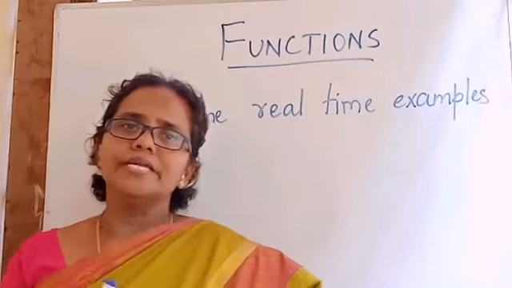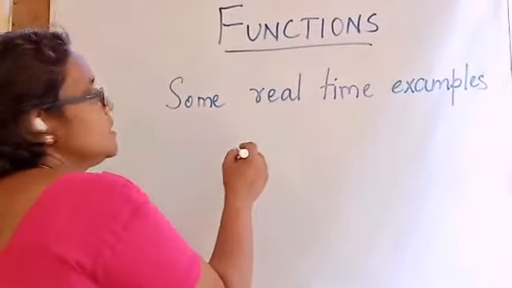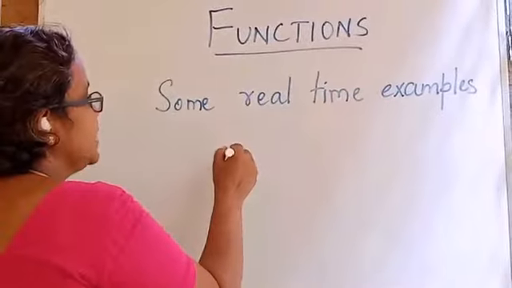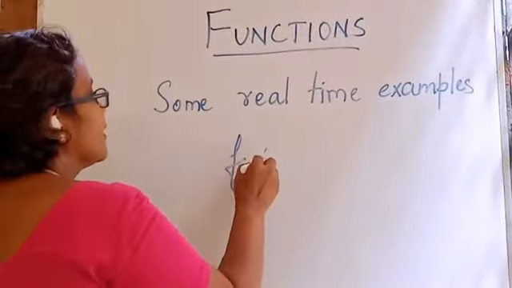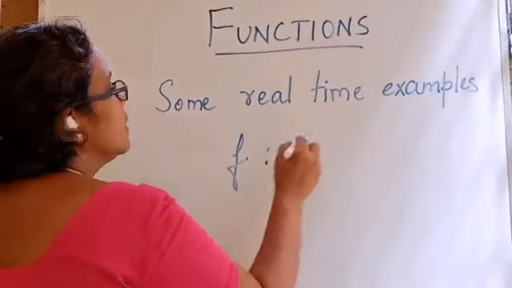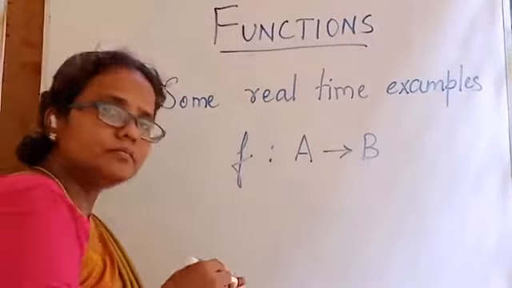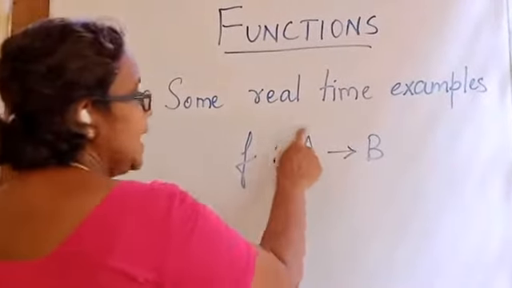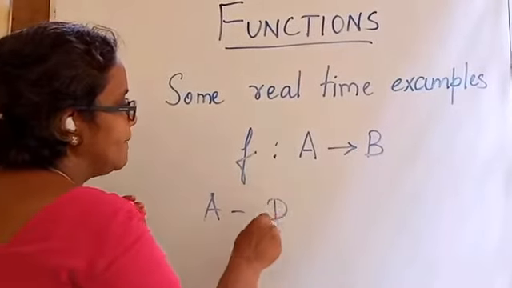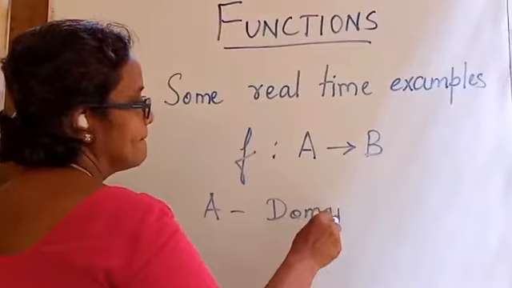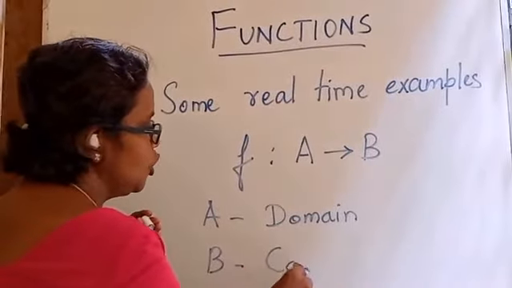Now I will show it mathematically. How is it represented mathematically? As I told you, a function f is a mapping from a set A to a set B. This set A is called the domain. Set B is called the codomain.